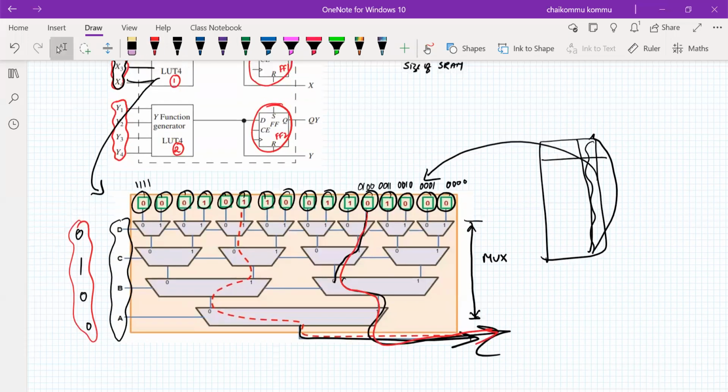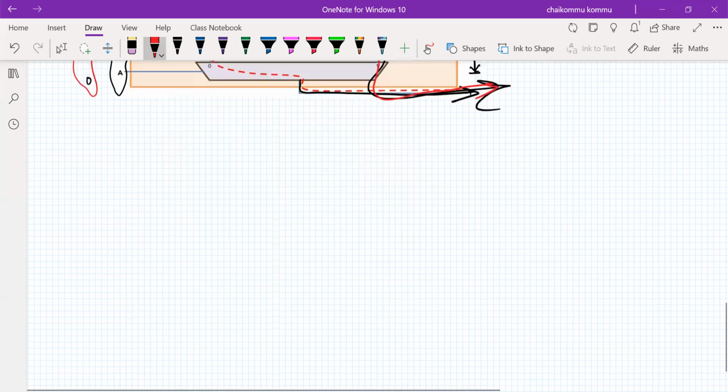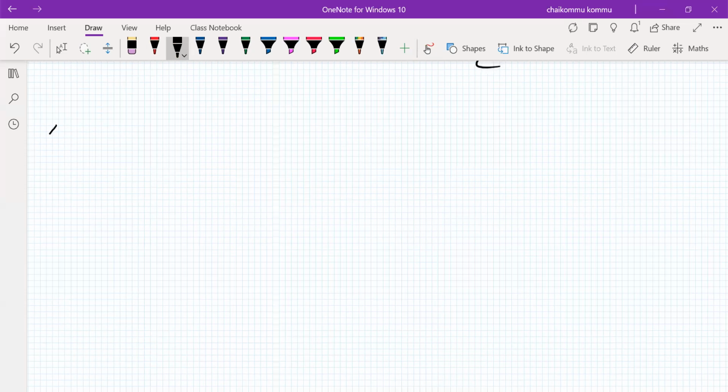I think it is better to write it as a 4 input lookup table, LUT4. This is what I'm talking about here. Now let us implement some logic functions using an FPGA.